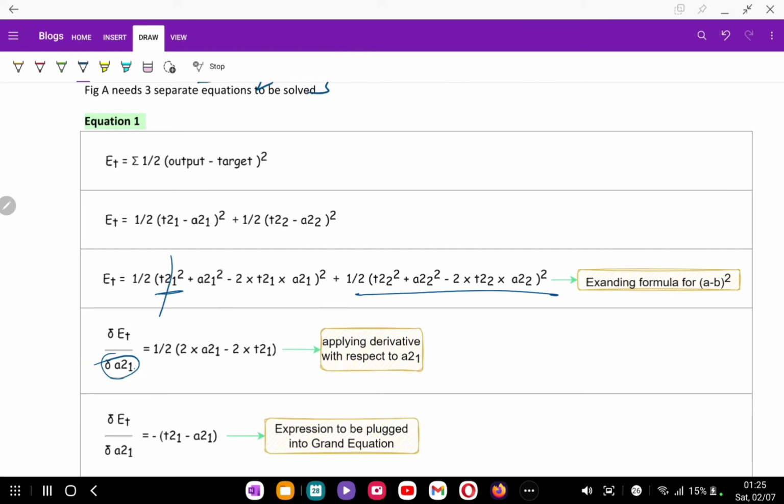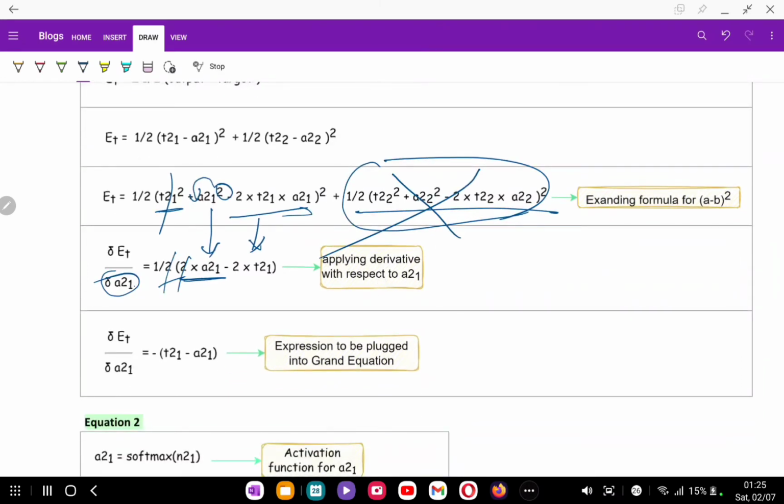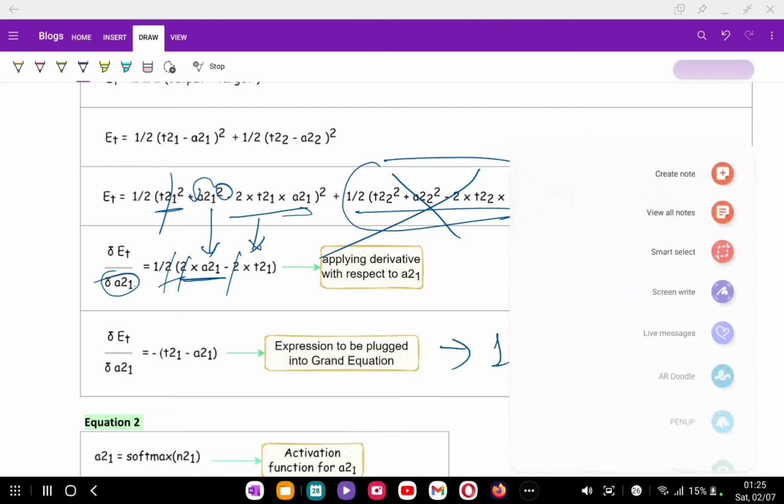This contains A21, so this will come here. This contains A21, which is this. This whole part does not contain any A21, so it all cancels out. So in a nutshell, you obtain half of (2A21 minus 2T21). In simplification, you can cancel this out, and you obtain A21 minus T21. So this is your first equation output.